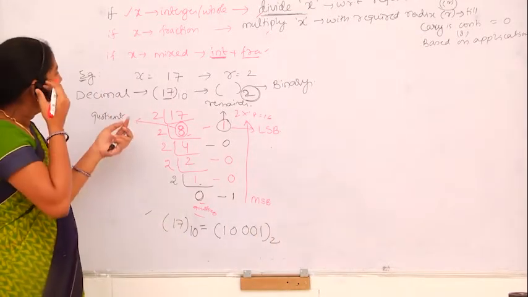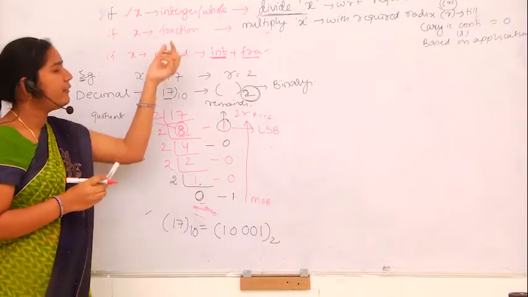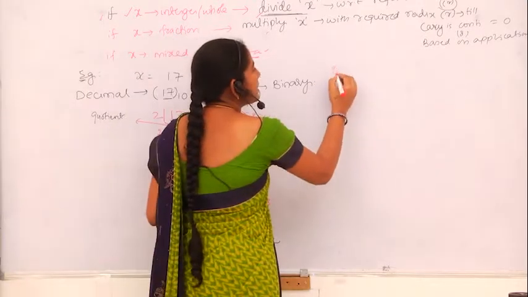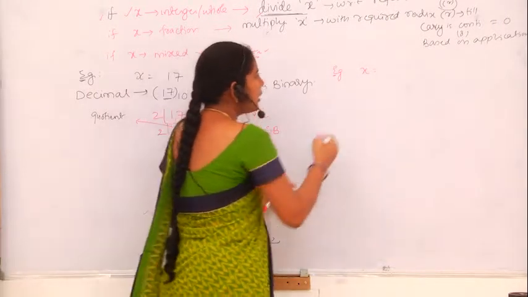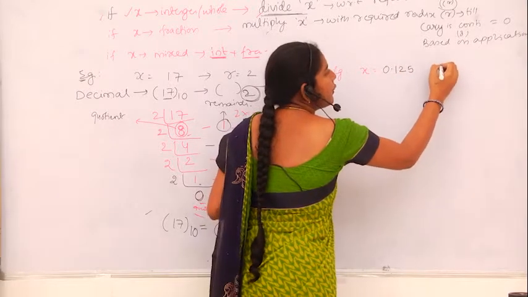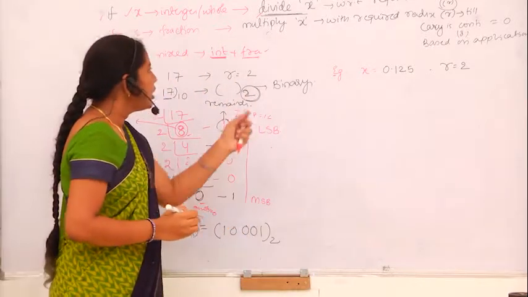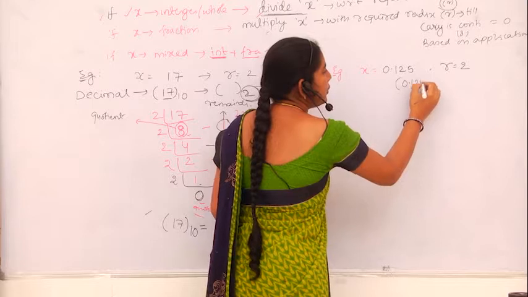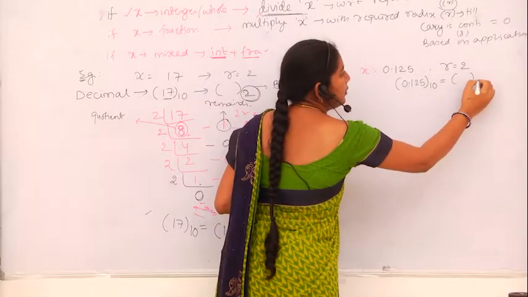Here we are considering only an integer. Now, I will consider one fraction number. Let's take a second example. I am assuming x value is a fraction, 0.125, with the same radix value R equal to 2. So, 0.125 of decimal needs to be converted into binary.